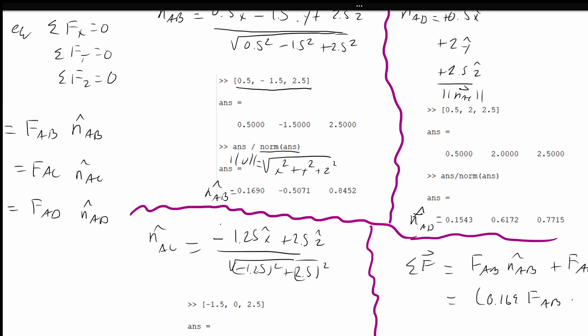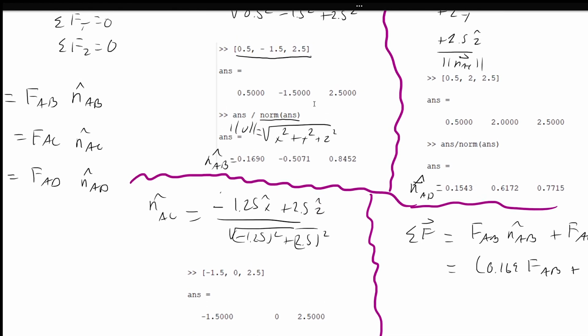Alright, so that one, and then in the, I need to scroll down a little bit. Alright, so AB, I want AC, I want the minus 0.51 FAC, and then plus 0.15 FAD, move over a little bit more.